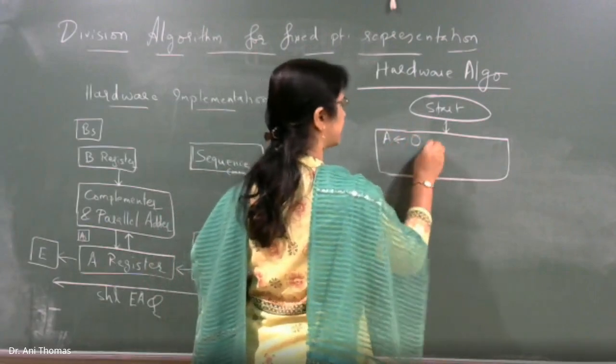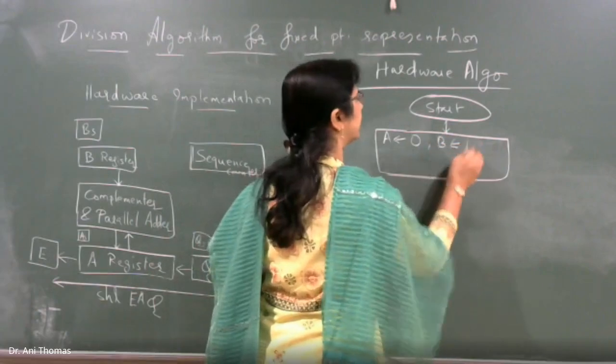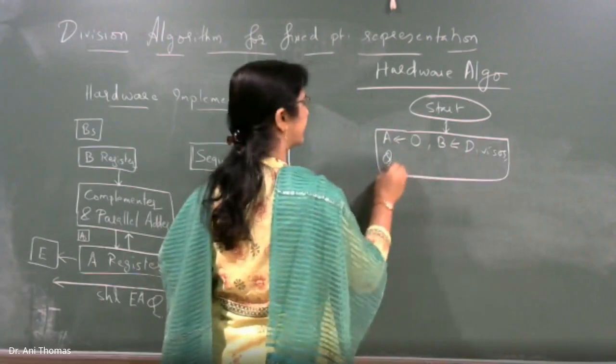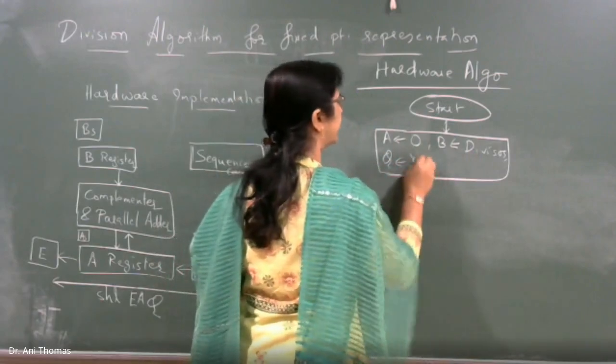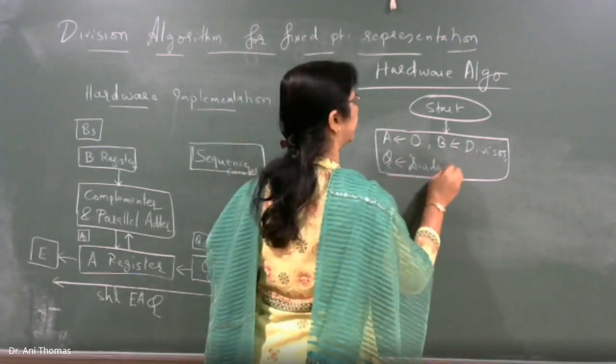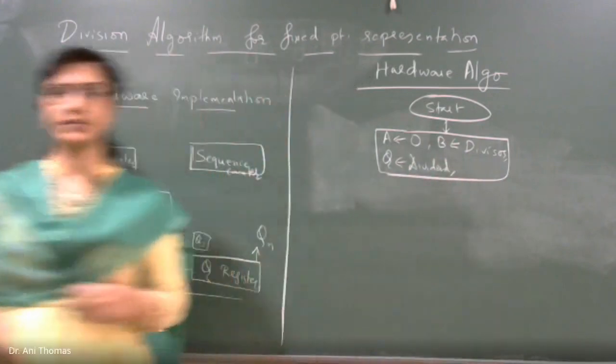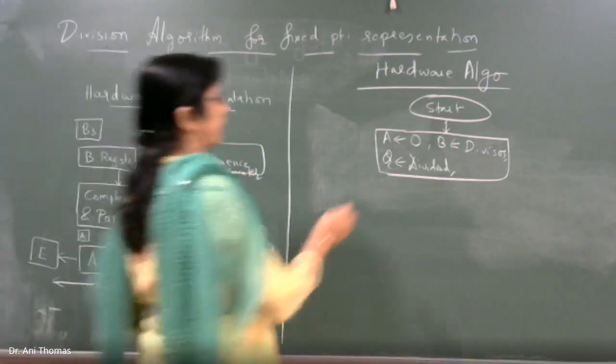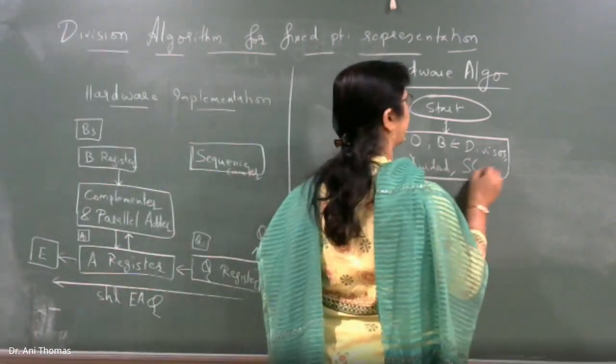A is assigned 0, B is the divisor, Q has the dividend, and the sequence counter is initialized to N.